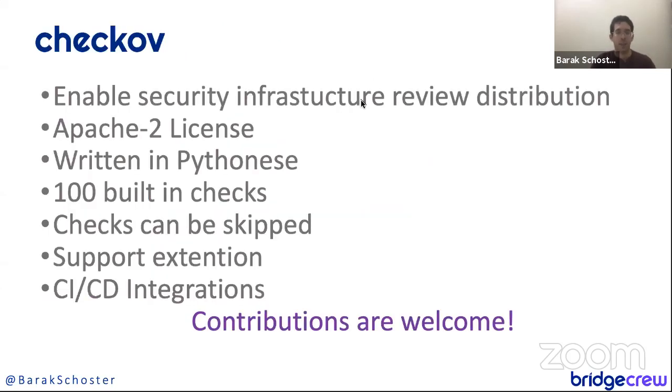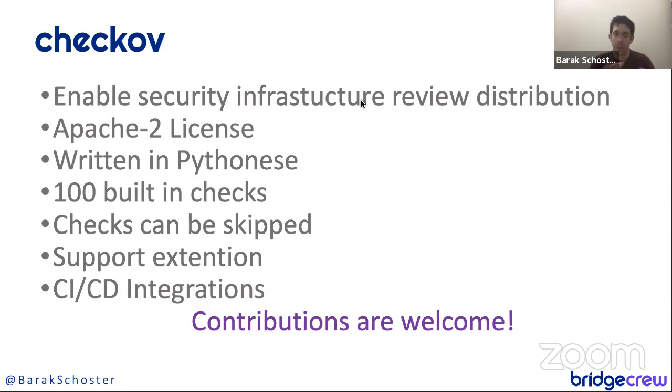This is why we've decided to open source a project named Checkov. Checkov is a static analysis tool that looks for misconfigs in infrastructure code. It's looking for misconfigs in Terraform code and in CloudFormation code. It's completely open source. It's Apache 2 licensed, just as Prowler. And it enables an automatic review of your infrastructure code as you add more and more cloud resources to it.